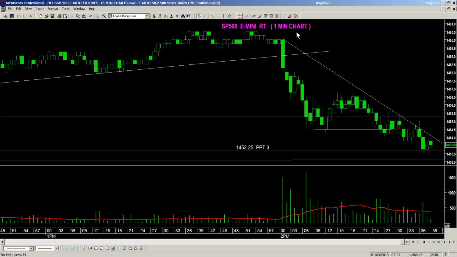First to be in right here, just below, a quarter of a point below this area right here. Trend line break. The level established.